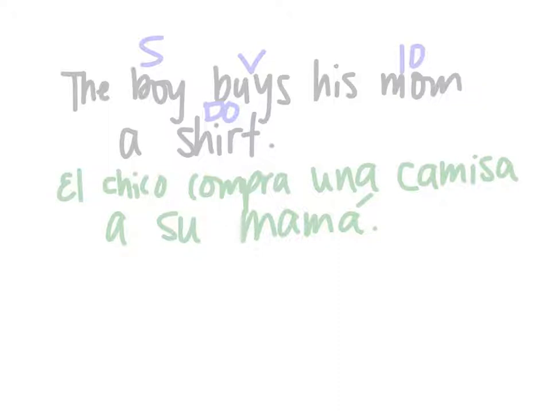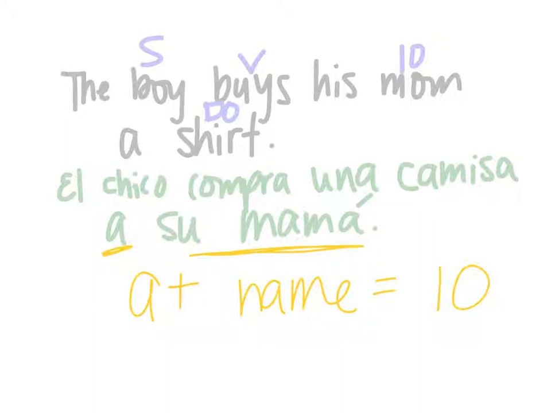A plus the name of the noun or pronoun is how you do indirect objects without converting them to pronouns. Again, let me repeat that. A plus the name. That's how you create an indirect object in Spanish, because it's to whom or for whom.